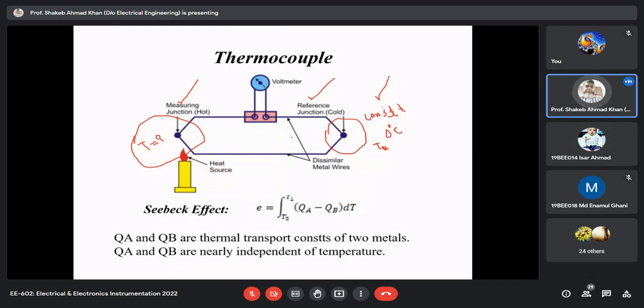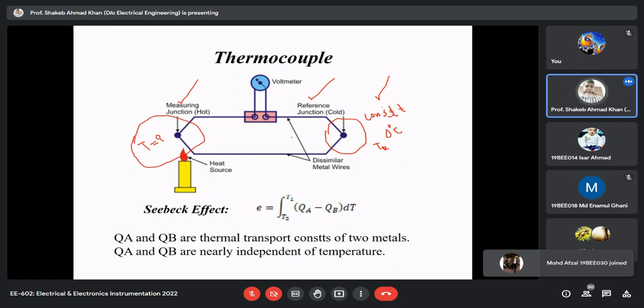Yes, sir. So the situation is not like that. It is your responsibility. If you want to use a thermocouple, then you have to maintain the temperature of the reference junction at a certain constant value. And if this constant value is 0 degrees Celsius, then only your thermocouple will work. Otherwise, it won't work. Like if you are exposing your measurement junction to a certain temperature, and the whole thermocouple is then maintained at the same temperature, then it is not going to work at all.